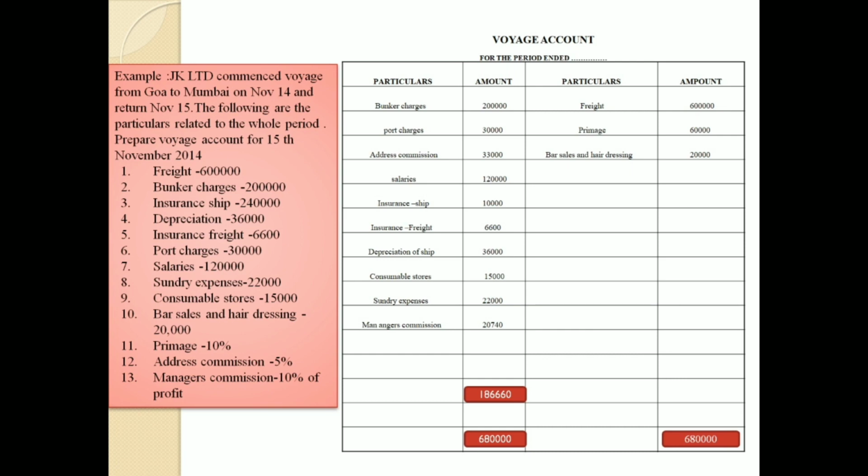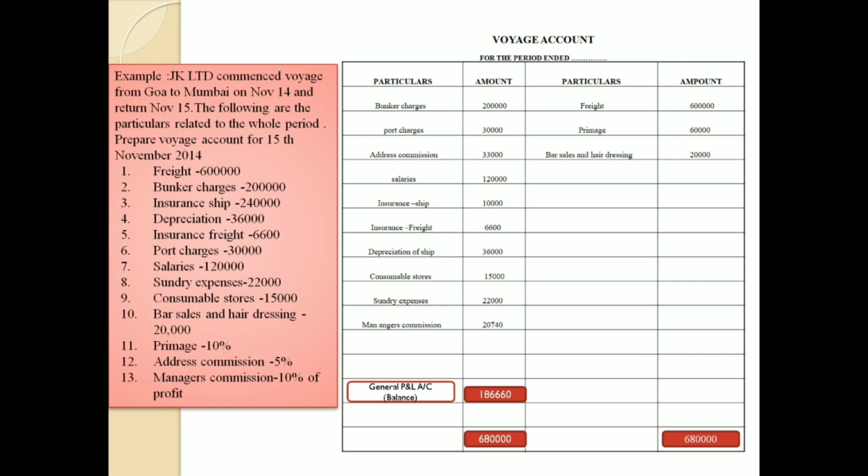That is the difference value of debit side and credit side after charging the commission, so we are getting the profit after charging the commission. Then the difference is transferred to the general profit and loss account.